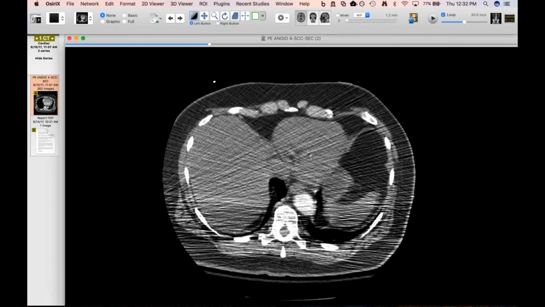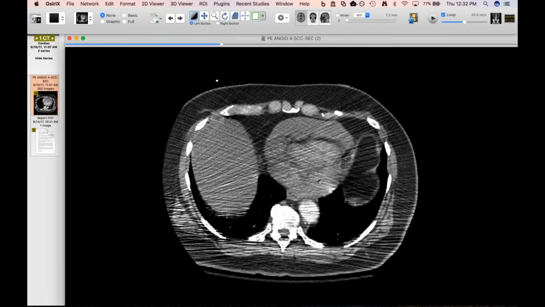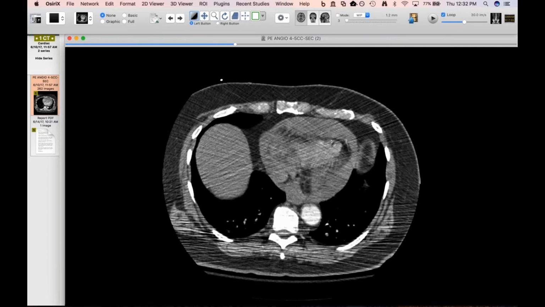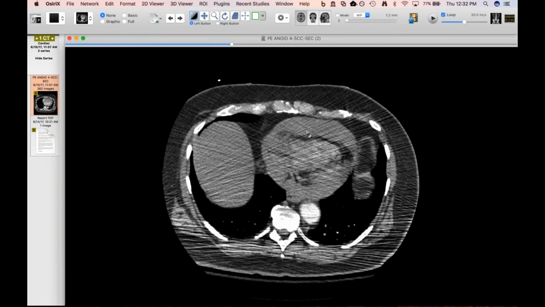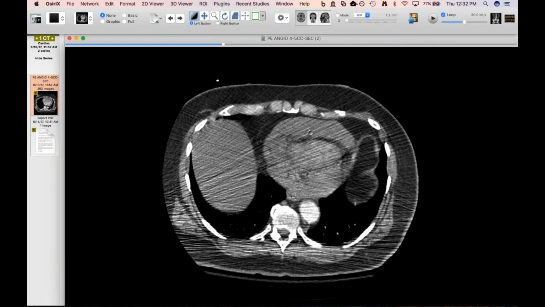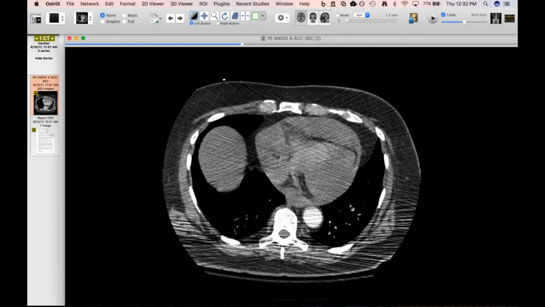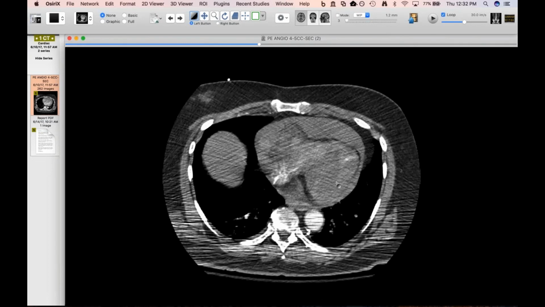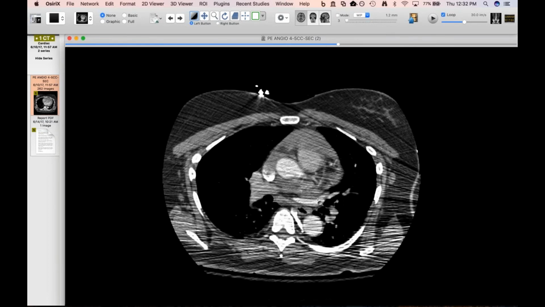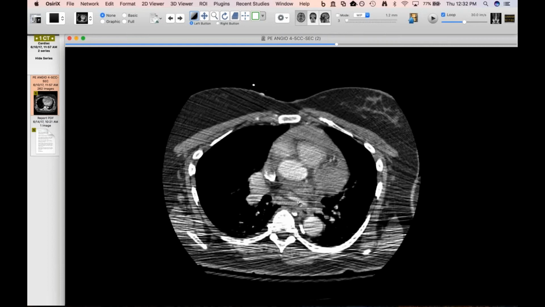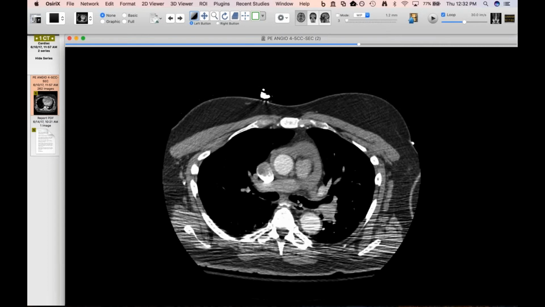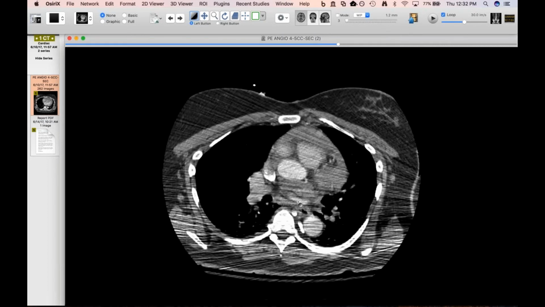Of course, they do a PE study, and you can see that she's got a large volume of pericardial fluid. Even though there's so much noise on this study, you can see that it's high attenuation, 50, 60 Hounsfield units, so it certainly looks like hemopericardium. Oftentimes we've shown dissection or intramural hematoma involving the root as the cause of the hemopericardium.